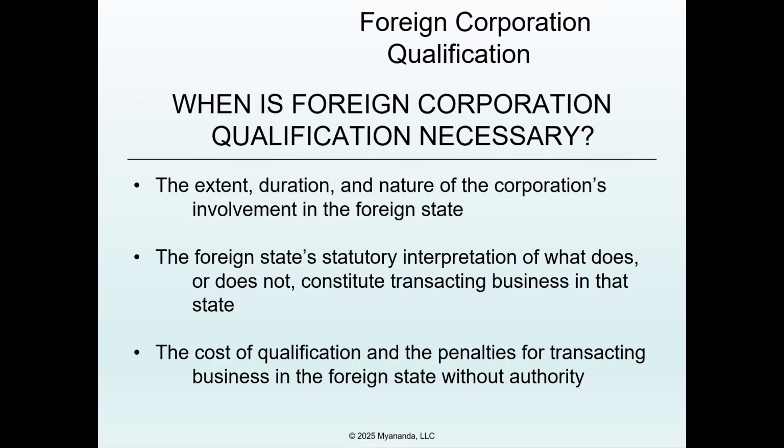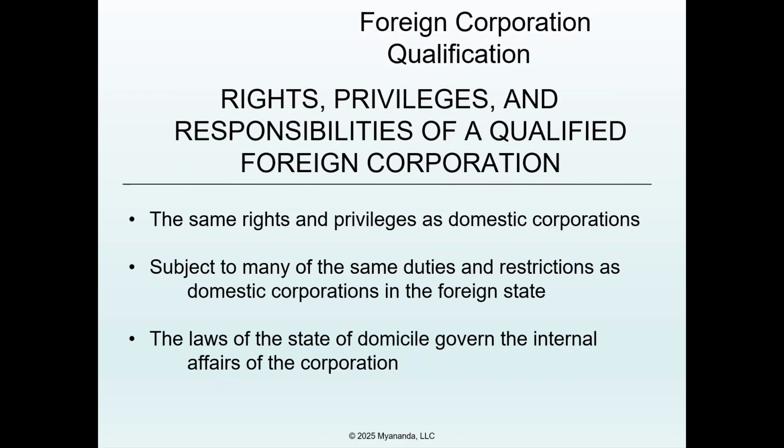So the type of involvement in the foreign state matters. Statutes will help us interpret what is the transaction of business in that state, and there are costs of qualifying and penalties for transacting business without authority, which we're going to get to. Actually, the next slide is a little bit more about that.